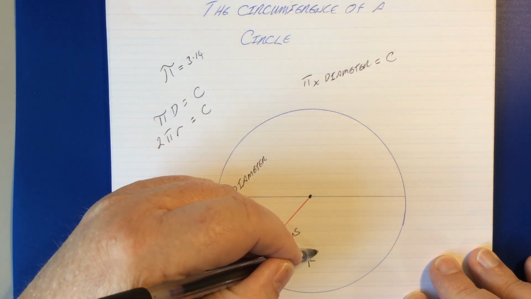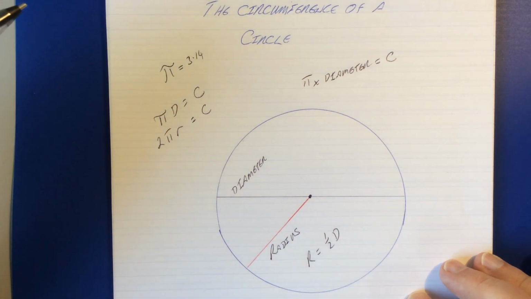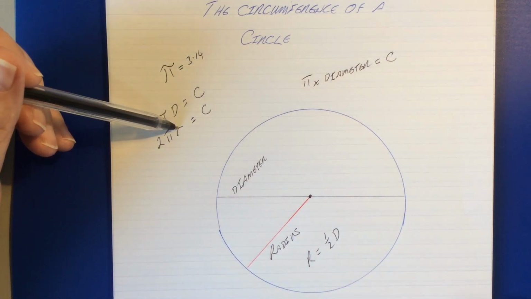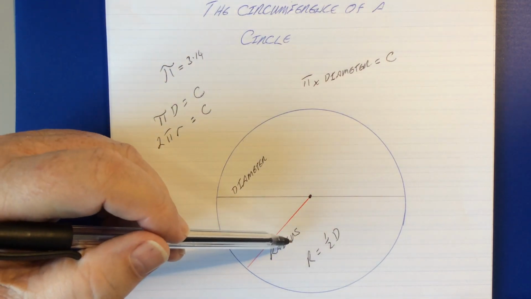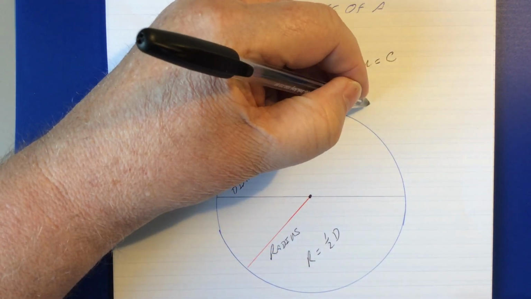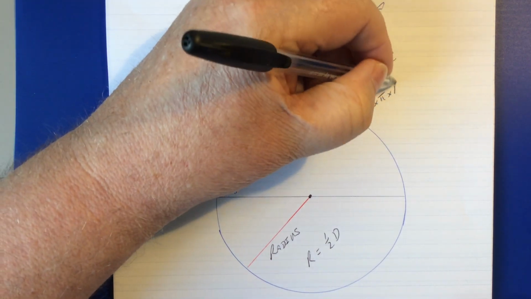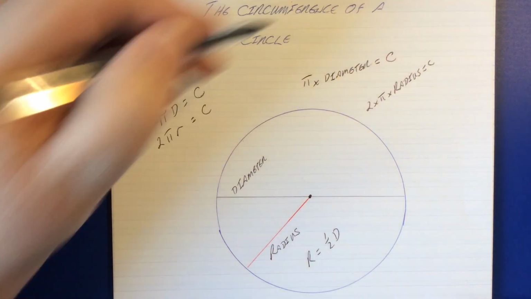So radius equals half of the diameter, which might explain why you multiply it by 2 to get the same result. Anyway, 2 times pi times the radius equals the circumference.